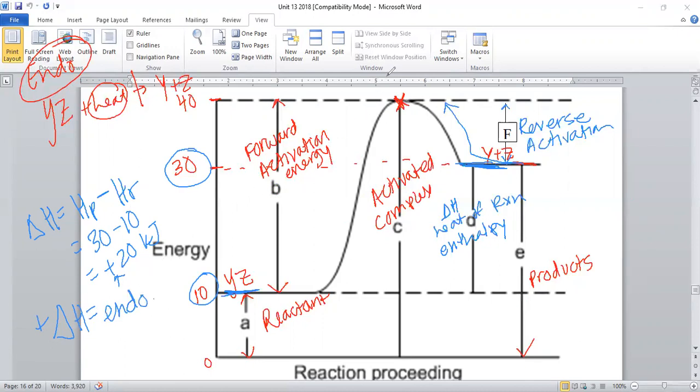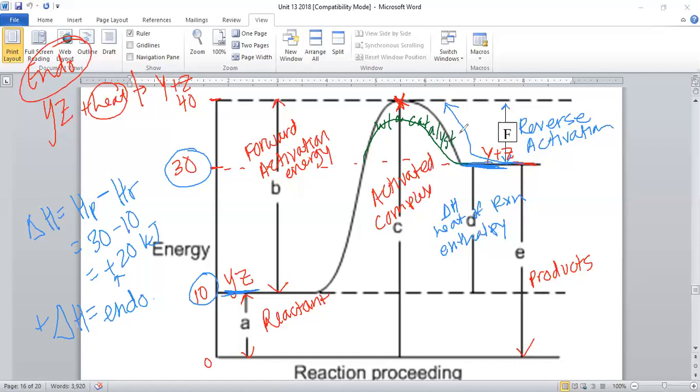All right, and then the last thing, let's do green again, is what happens when a catalyst is added. So same thing, a catalyst lowers the hill to speed up the reaction.